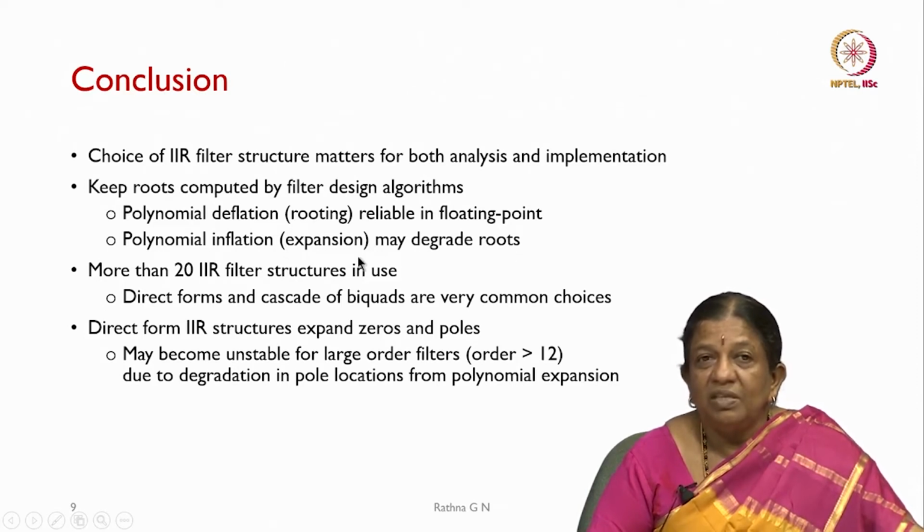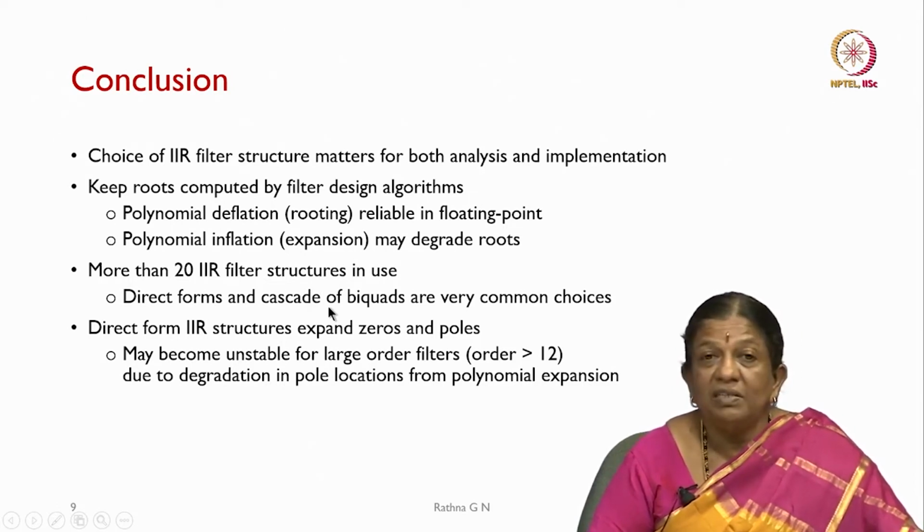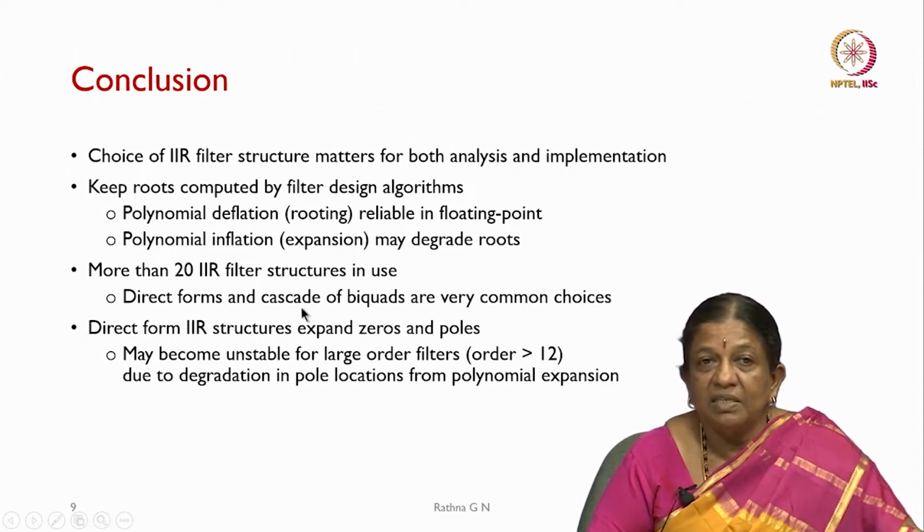There are more than 20 IIR filter structures in use. Direct forms and cascades of biquads are very common choices. So, why do we go for the cascade in our IIR filter? We will discuss it with a problem later, so that you will become convinced why I have to go for the cascade section.